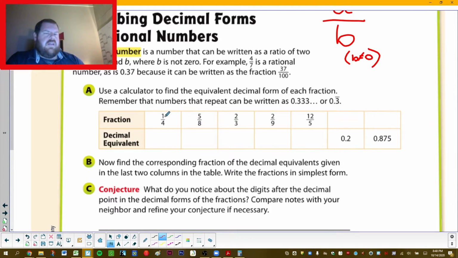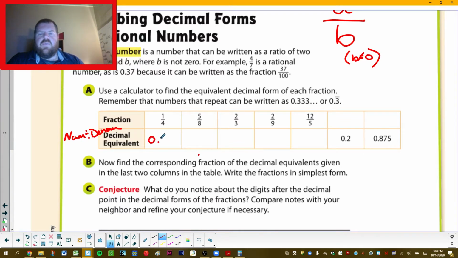If you need a hint on how to do that, the decimal equivalent, for any fraction, is numerator divided by denominator. So this first one would be 1 divided by 4. Go and pause the video and fill in this table. Okay, hopefully you had a chance to do that. If you're listening to me now with a blank table, you should pause it and do it. Okay, but I'm going to go ahead and fill these in.